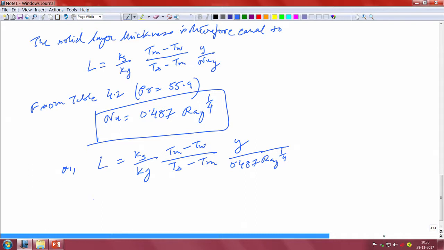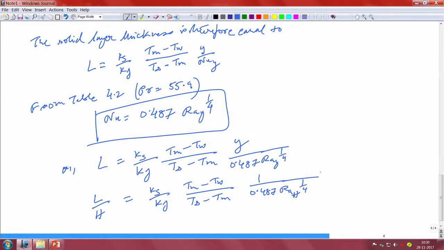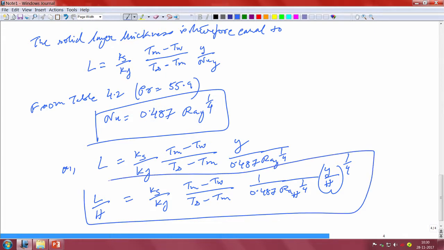You can do a little more math. L by H will be Ks by Kf, Tm minus Tw over T infinity minus Tm, times 1 by 0.487, Rayleigh number H to the power of 1/4, times y by H to the power of 1/4. That is the scaling we have established. So, L scales as y to the power of 1/4.